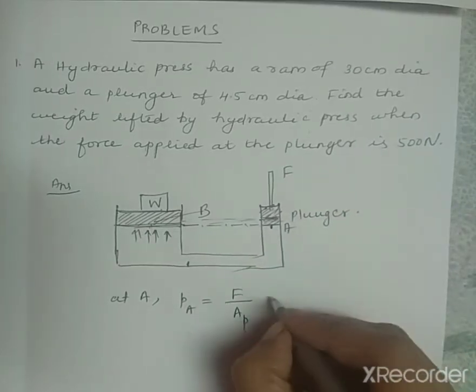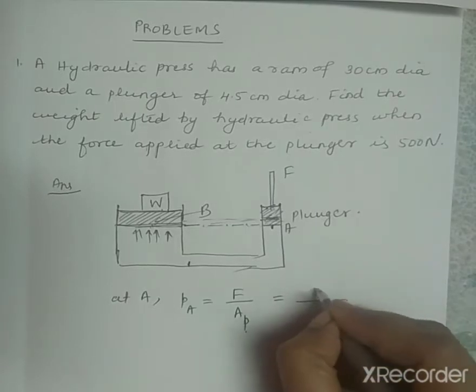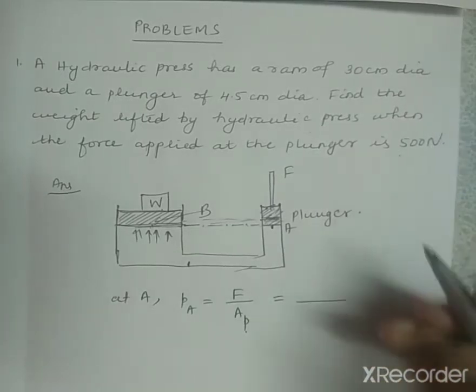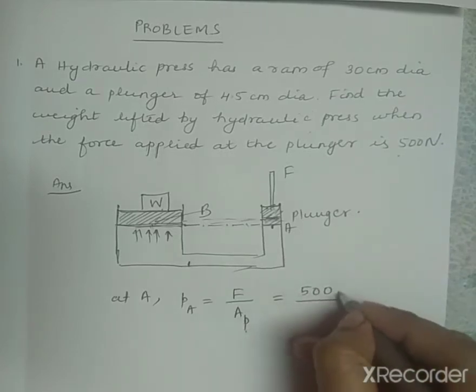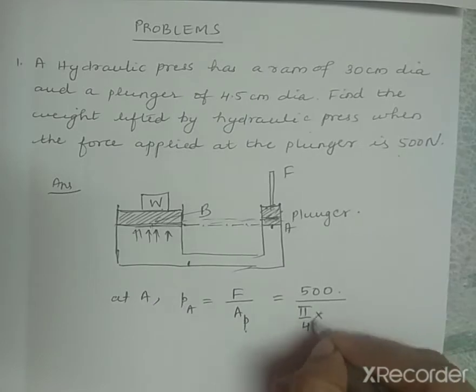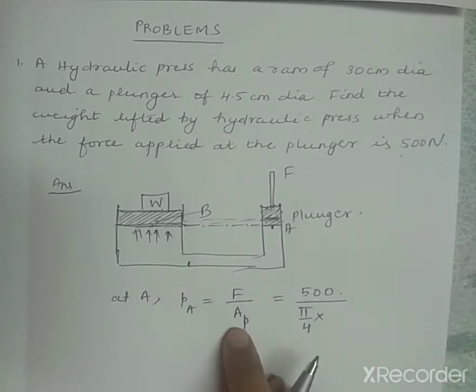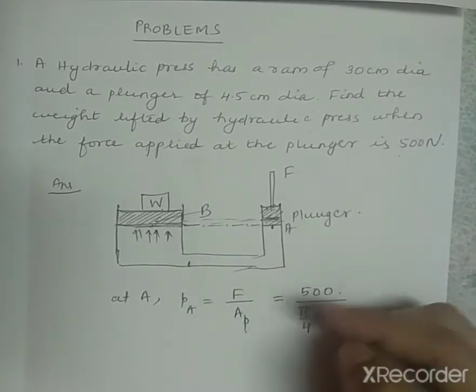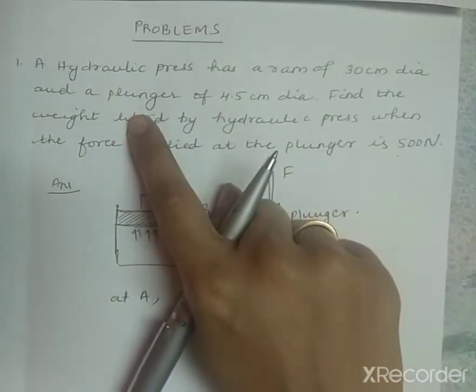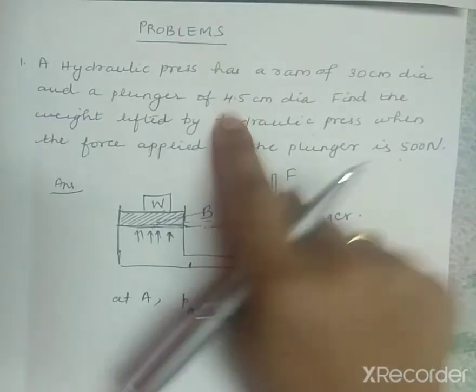What was the force applied? It was 500 Newton. So this is 500 Newton divided by the area, which is pi by 4 into d square, isn't it? What is d? D is 4.5 centimeter. Okay, the dia is 4.5 centimeter.